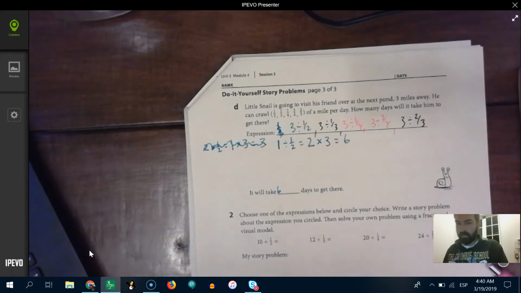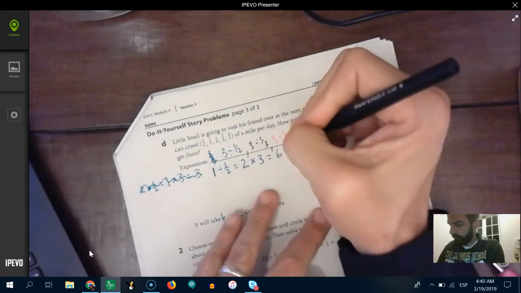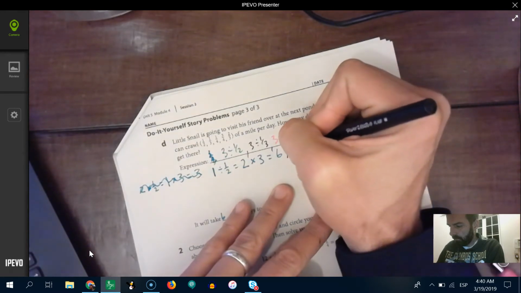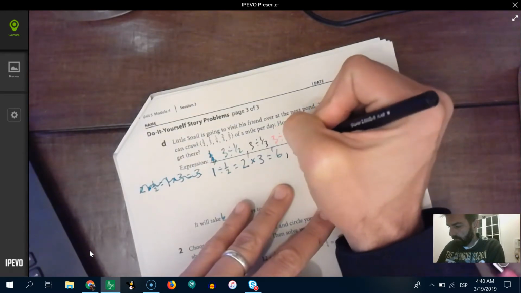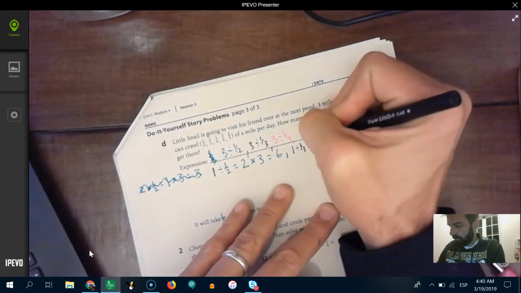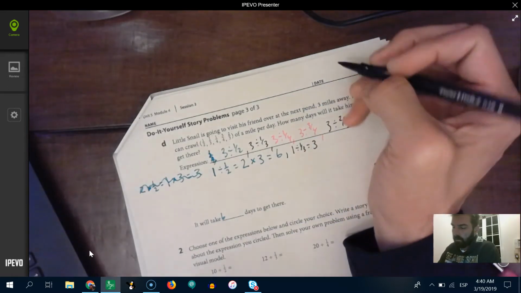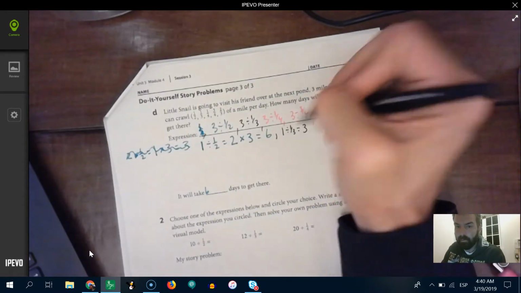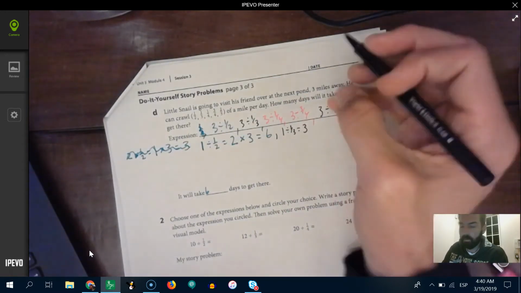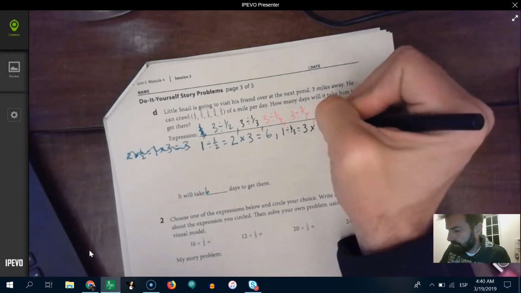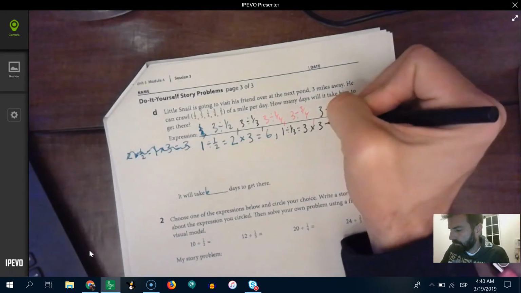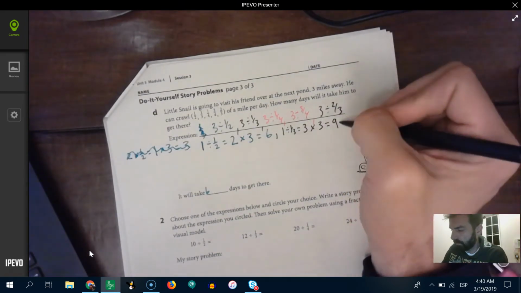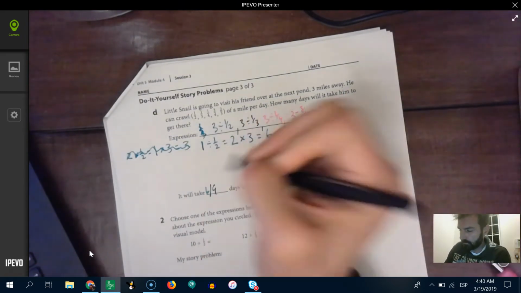If I look at the thirds, I know that there are 3 thirds in 1, and I'm doing that in 3 miles, so that's going to give me 9 days.